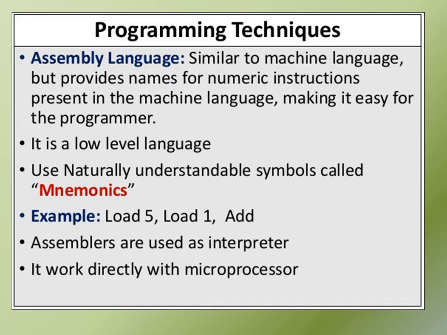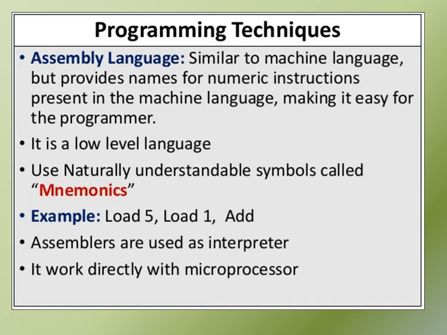Using ASM, programmers can write human-readable programs that correspond almost exactly to machine language. It is called low level program language because there is one-to-one relationship between what it tells the computer to do and what the computer does. That is the interaction between computer and programmer.